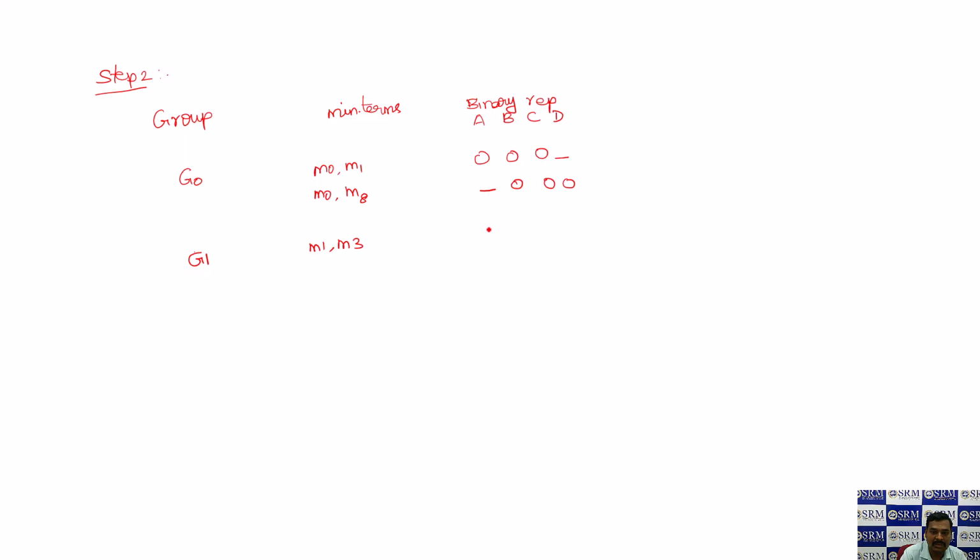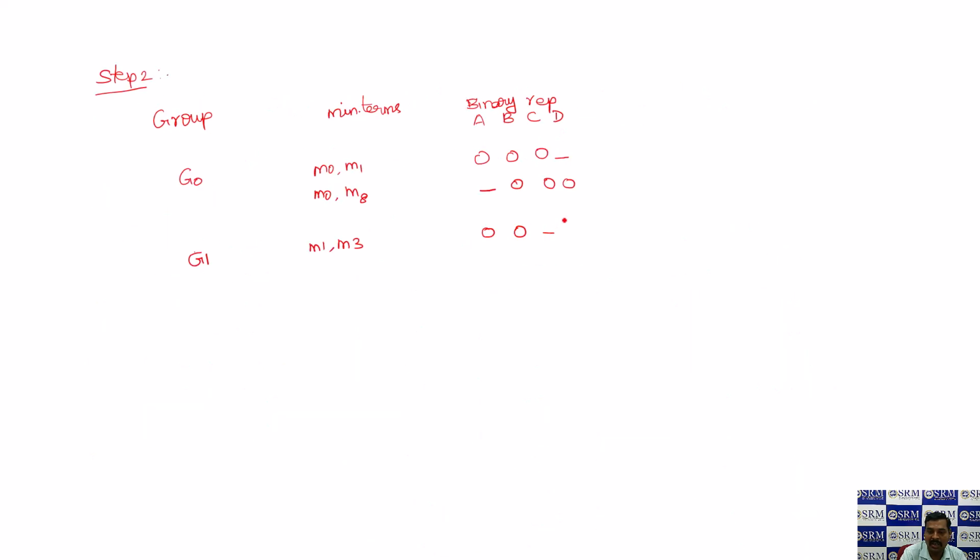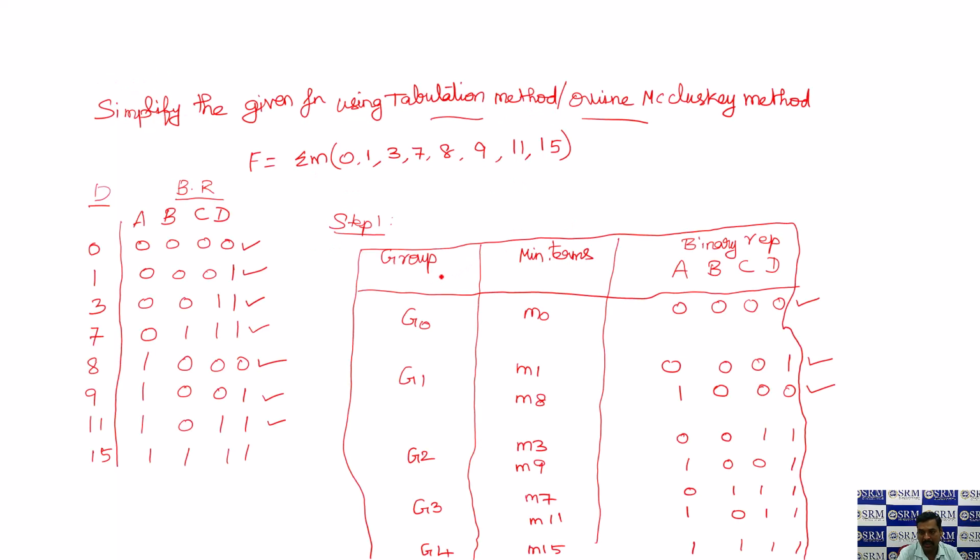So first bit is 0, second bit is 0, third bit C is varying, and the last bit, look here, M1 and M3, the last bit is 1, hence I'm writing 1. You can put a tick mark over this M3 bit, because we already ticked this M1, right? So tick M3.